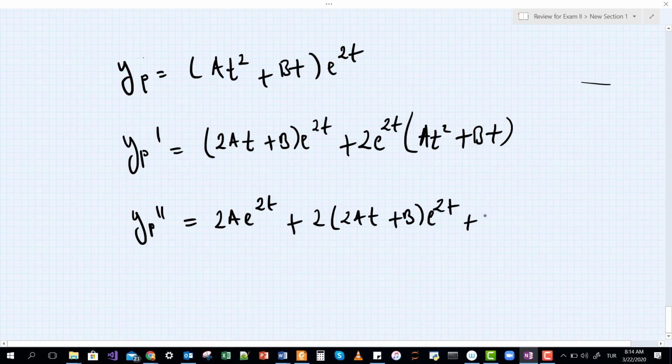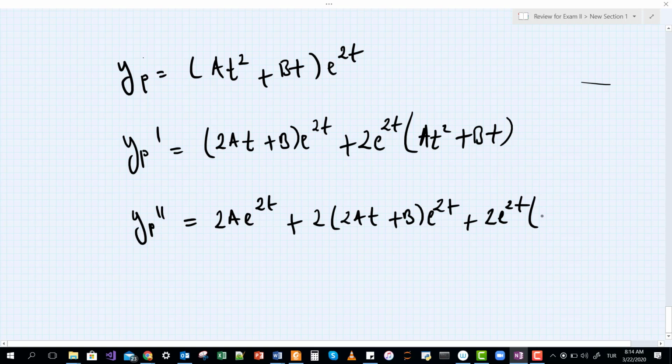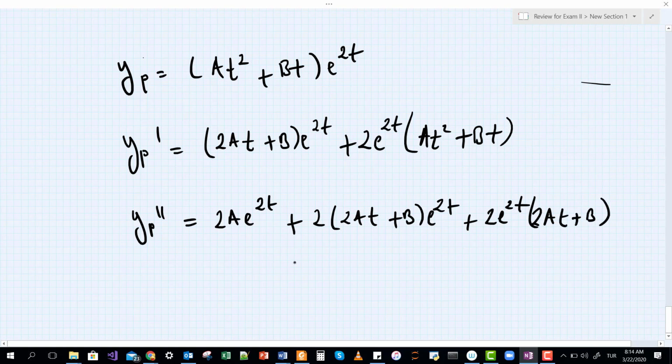Another same term needs to come from here. Since I took the same derivative before, you can notice that, which is equal to 2at plus b, and then the last term I'm going to have is 4 e to the 2t times (at squared plus bt), guys.